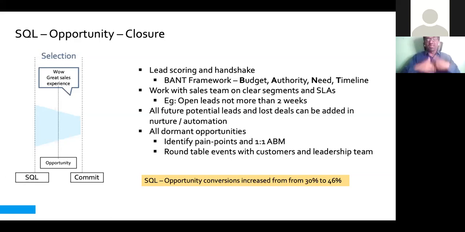And the most important thing is you can take actions. Let's say there are a bunch of leads who are not even responding, and it's just lying as an SQL. Your BDR should pick up that lead again, do the call, do a bunch of follow-ups, reignite the conversation, and pass it back to the salesperson, right? Every lead is important. You don't have any opportunity to drop the ball in between.